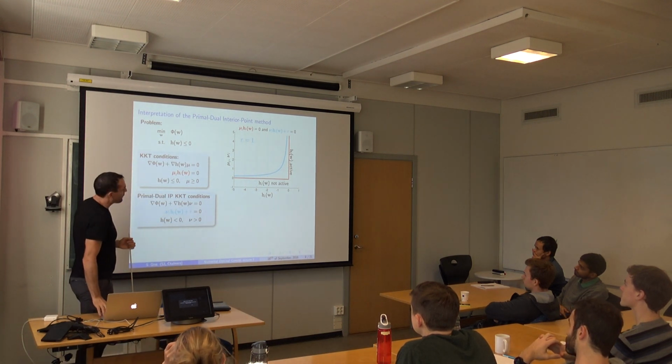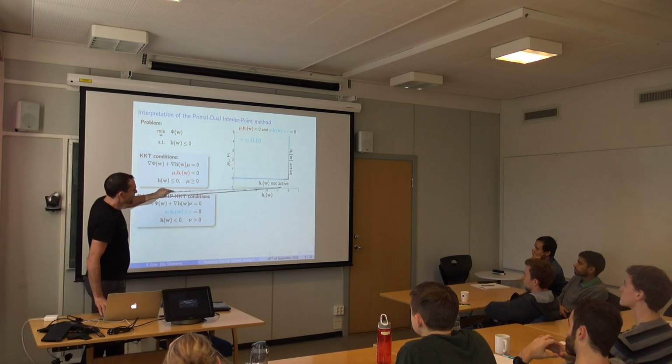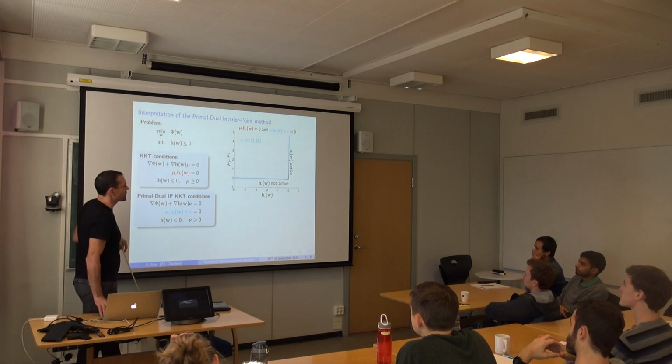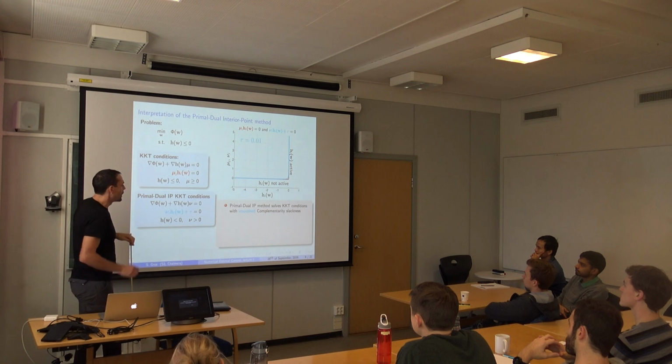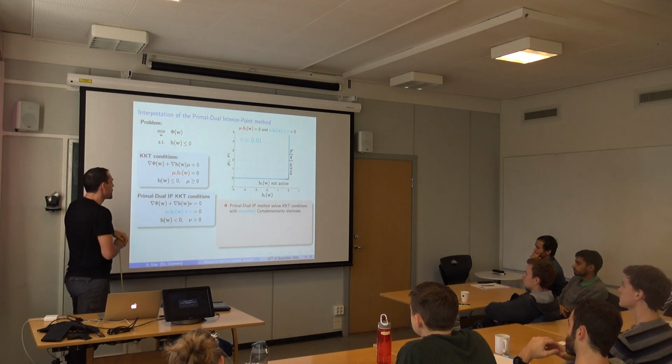And of course, what happens if tau is decreased is that you make this hyperbola look more and more like the corner. But you always keep a bit of round here so that you can go through this point using Newton. Okay? So essentially, when you do that, you're actually talking about primal dual interior point method.